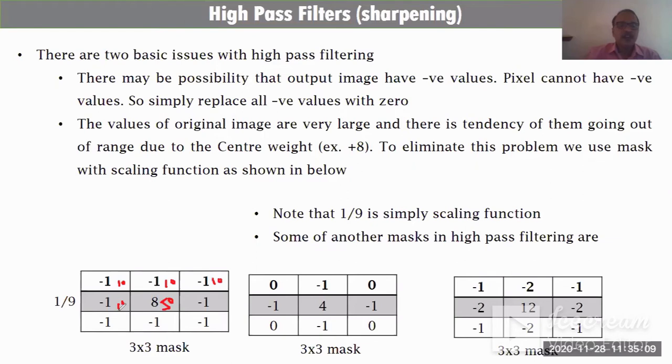So what is the output? 50 times 8 is 400, and then 10, 10, 10, these eight neighbors give minus 80, so it will be 320. The value is positive, but it is out of range, because for an 8-bit pixel, the maximum is 255. So the value of the original image may be very large and there is a tendency of going out of range due to the center weight 8.